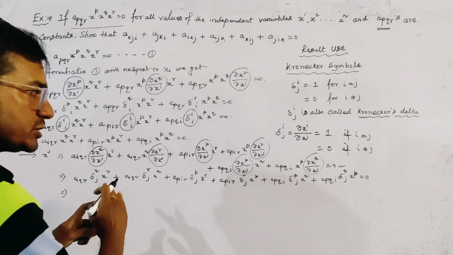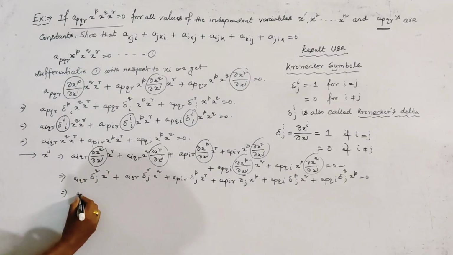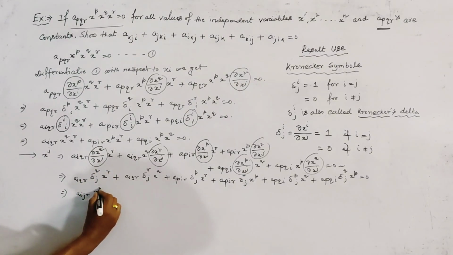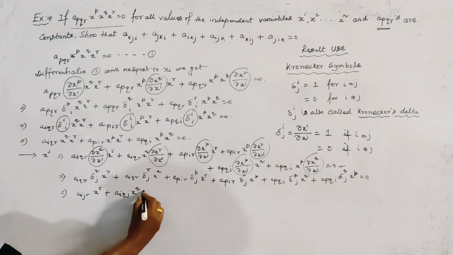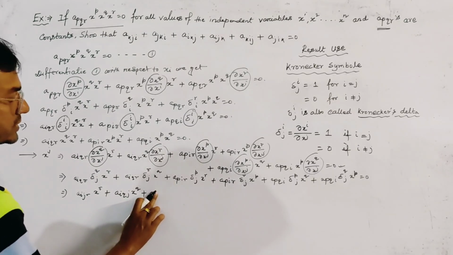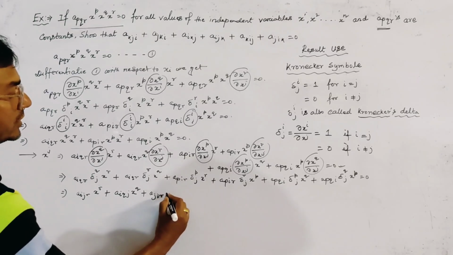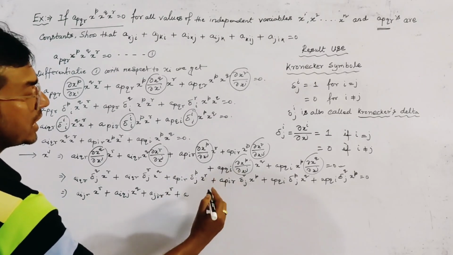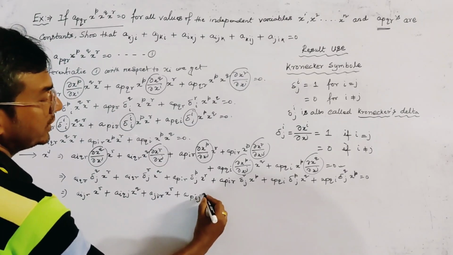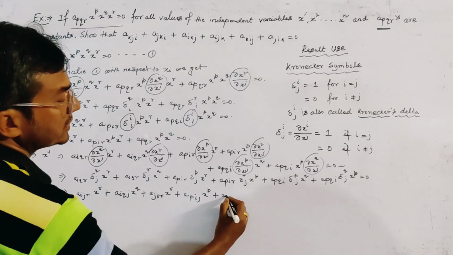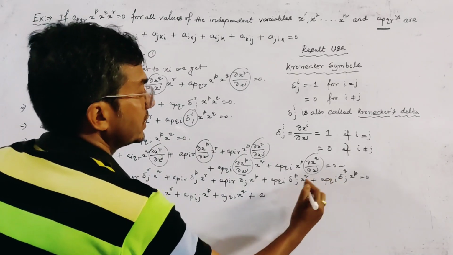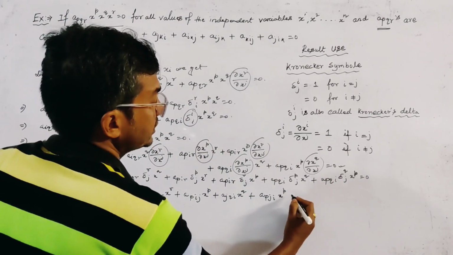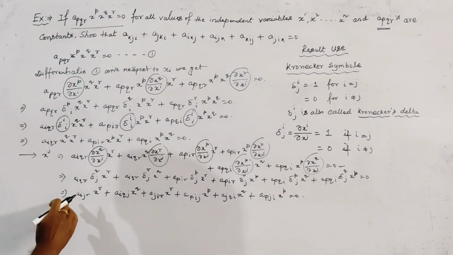All the dummy suffixes are replaced by j in this line, and we get the result, because delta_jj is equal to 1: a^{IJR} xr, and we directly write this line as a^{IQJ} xq plus a^{JIR} xr plus a^{PIJ} xp plus a^{JQI} xq plus a^{PJI} xp, equal to 0. We get the relation as this.